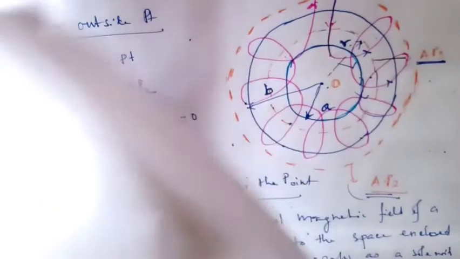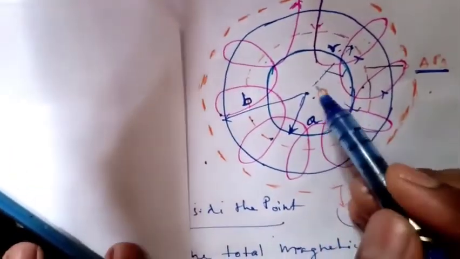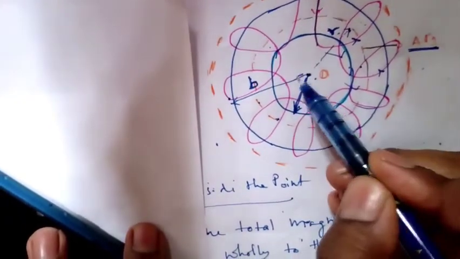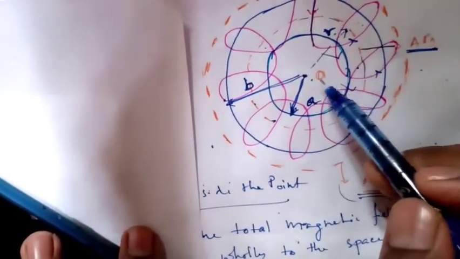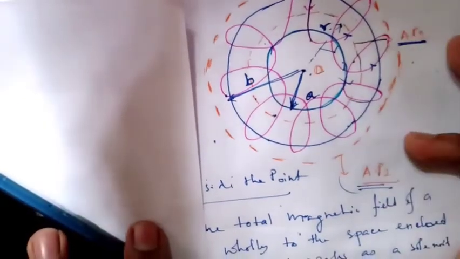This endless solenoid is called a toroid. See the figure. This is a toroid whose inner radius is A and outer radius is B. We want to find out the magnetic field for this case at the inside point and also the outside point.